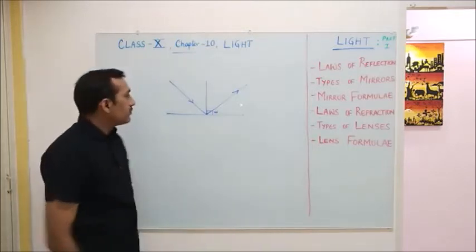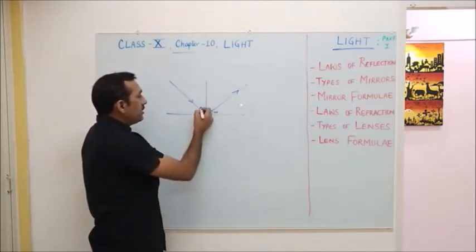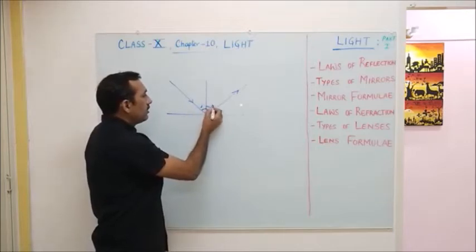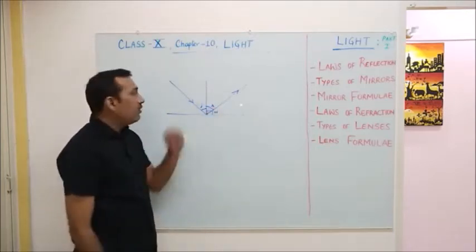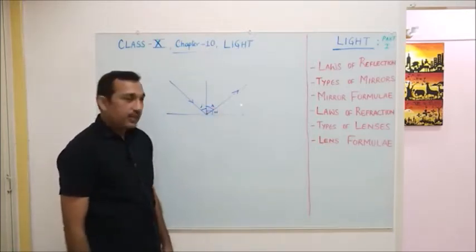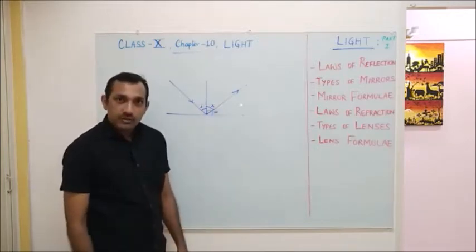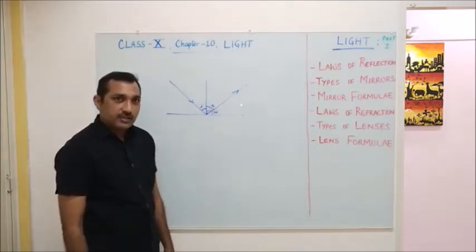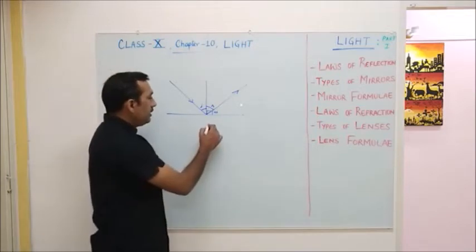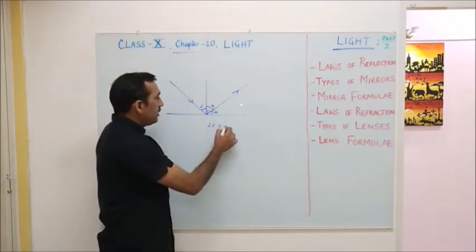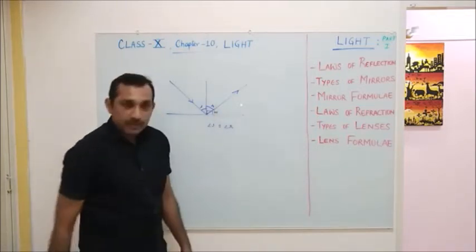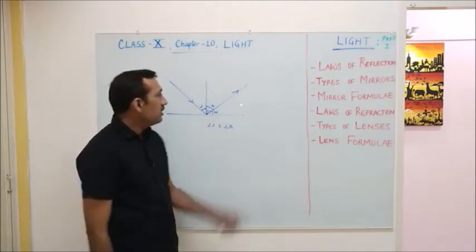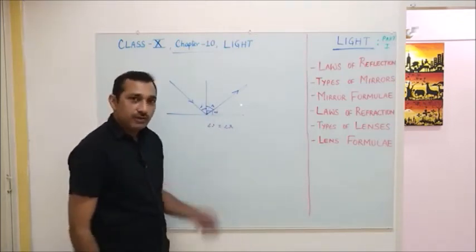Law number 2. If I say this is the angle of incidence and this is the angle of reflection, in that case angle I equals angle R. So these are the two laws of reflection.